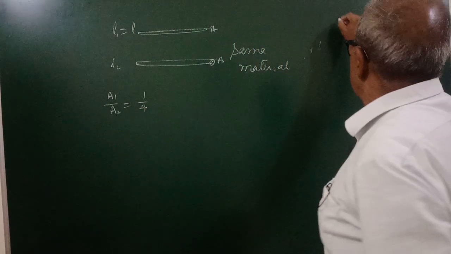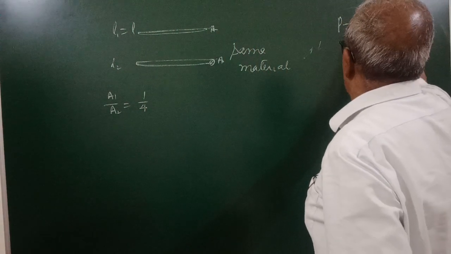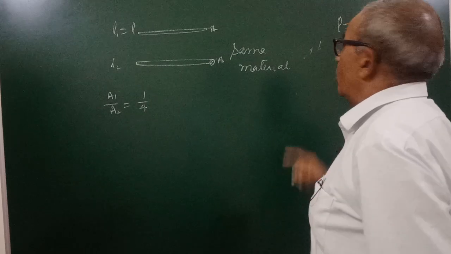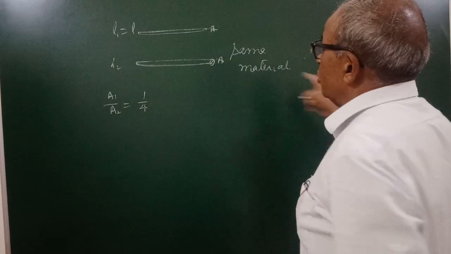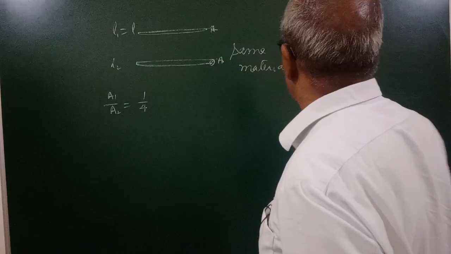Here we know again power is equal to V square by R. Voltage is the same, so you have to find out the resistances.